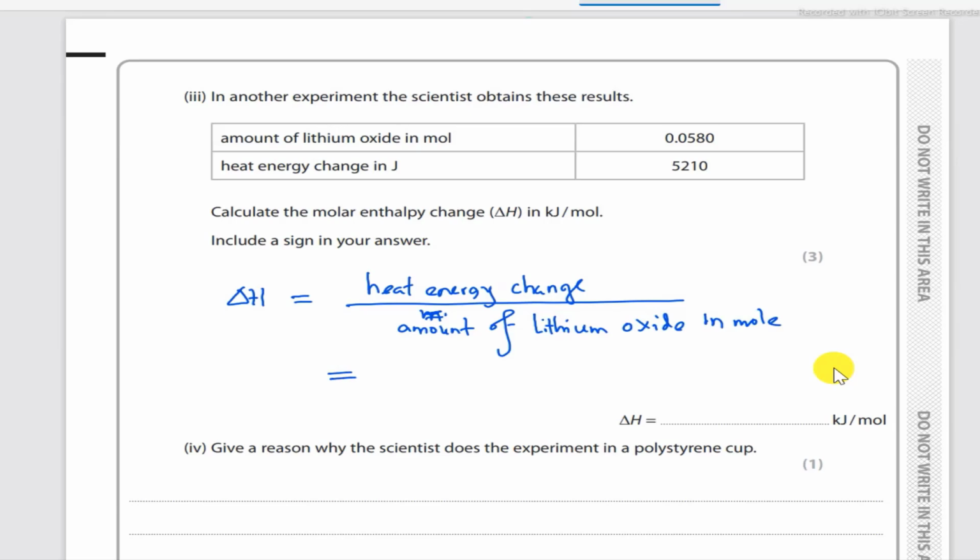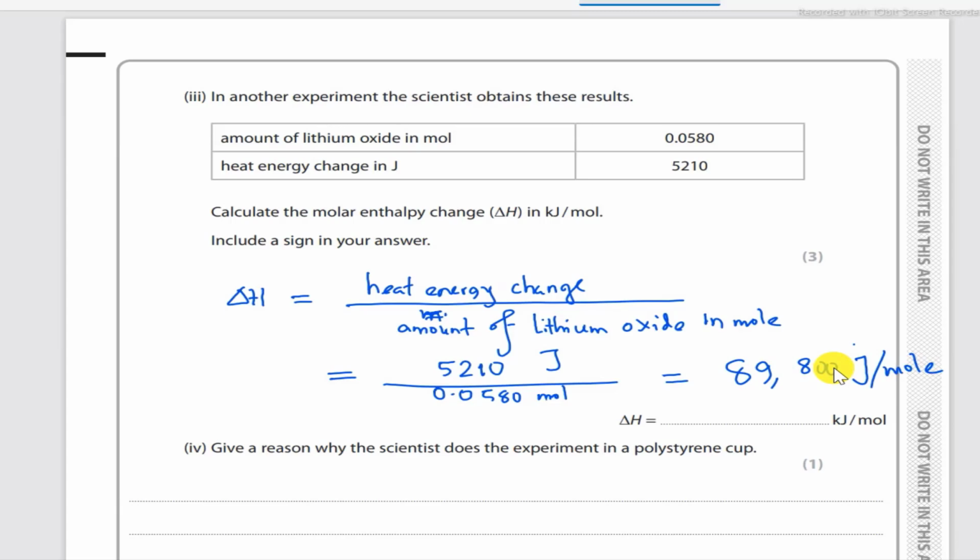Heat energy change 5210 joule divided by 0.0580 mole. So the answer is 89,800 joule per mole.